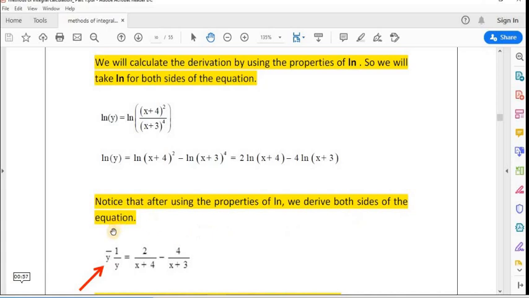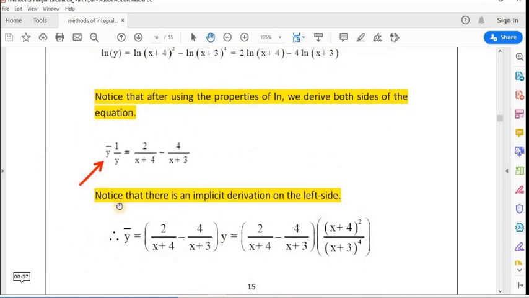We will convert the division to subtraction, so it will be ln y equal 2 ln (x plus 4) minus, and this part we will take outside.